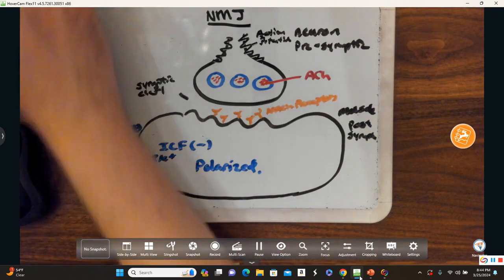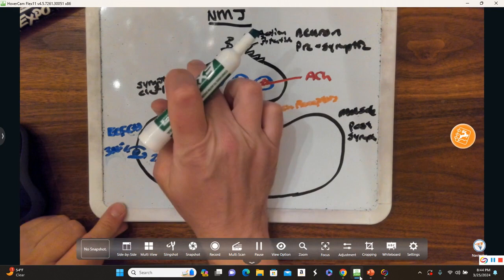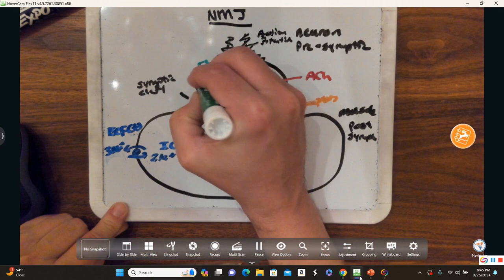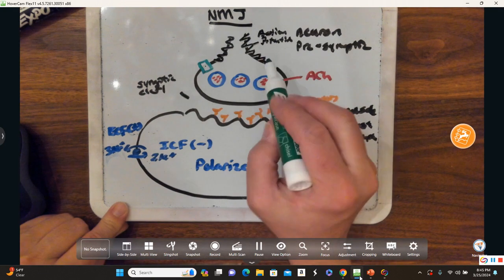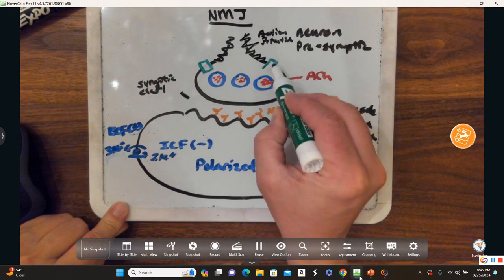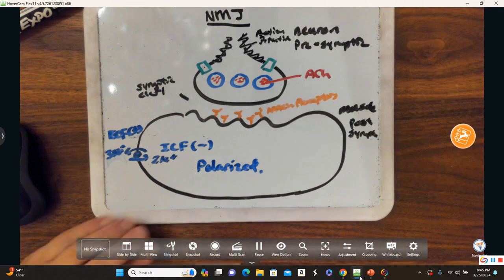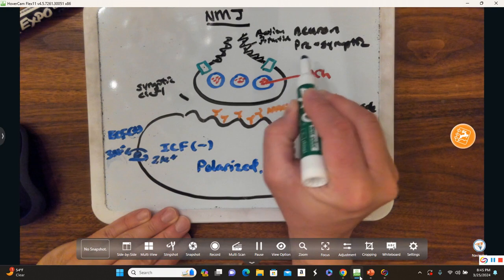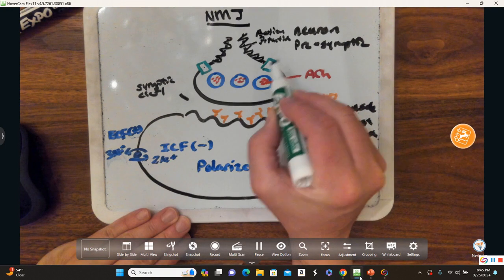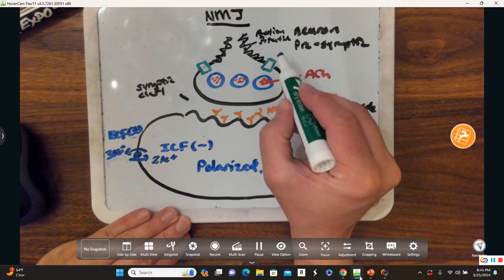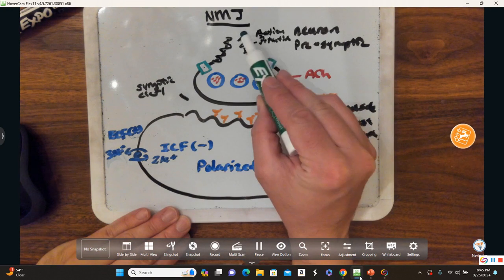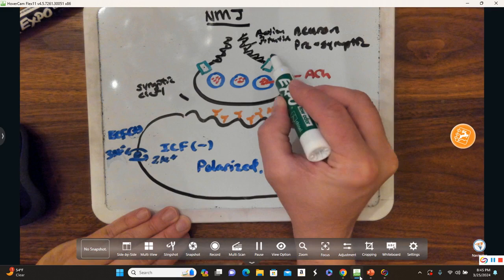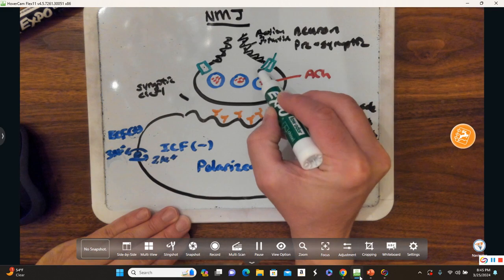Now, this action potential is going to allow the opening of these voltage-gated calcium channels. I'm going to have a hard time writing that in here, so I'm not going to write it, but these are voltage-gated calcium channels. So they open with the voltage of an action potential. The electrical charge opens it up, and calcium is going to come in.